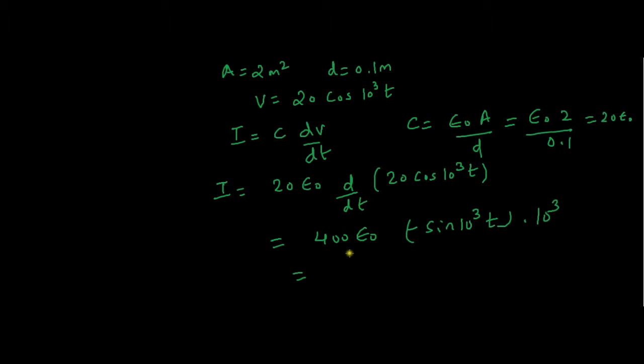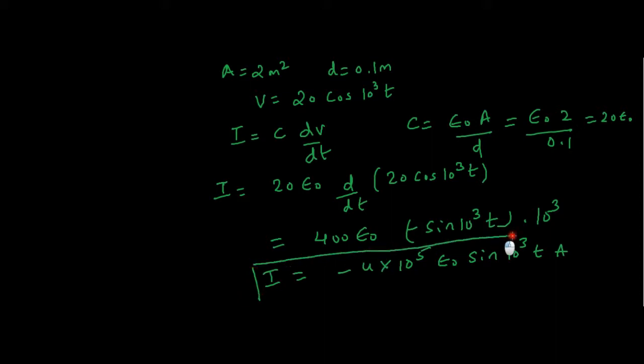So this is nothing but minus 4 into 10 raised to 5 epsilon naught sin 10 cube t ampere. So this is the current through the capacitor. We need to prove that this is the displacement current. Okay. So let's go ahead and prove this.